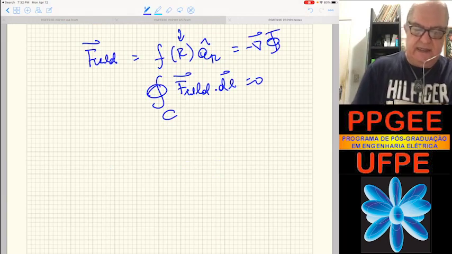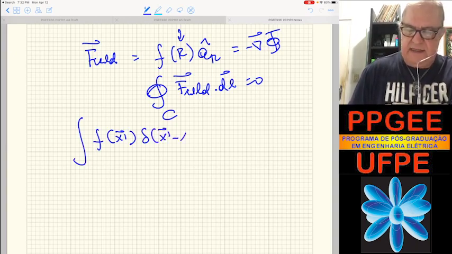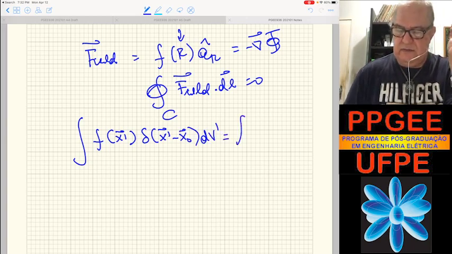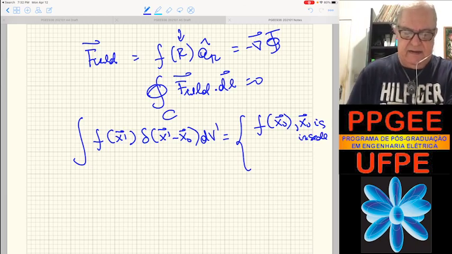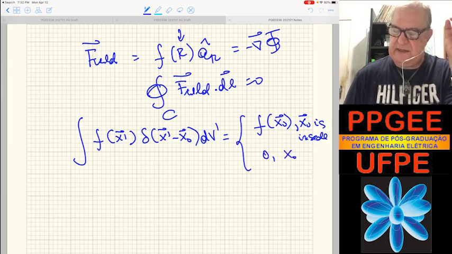Let me remind you of the property of the delta function, right? The integral of f of x prime, delta of x prime minus x0 dv prime, equals f of x0 if x0 is inside the integration volume, or 0 if x0 is outside.